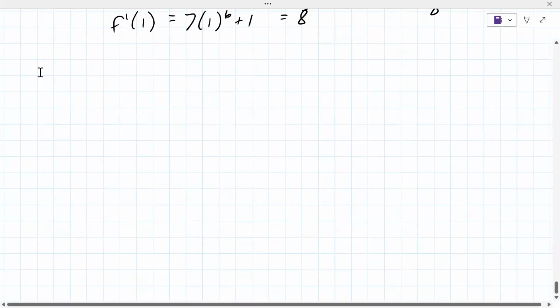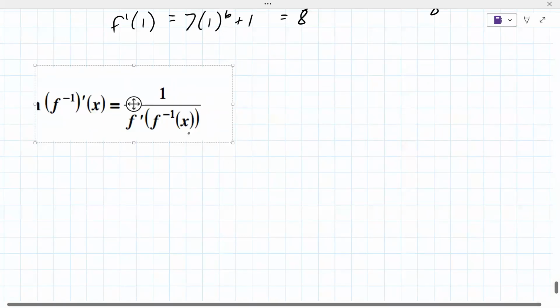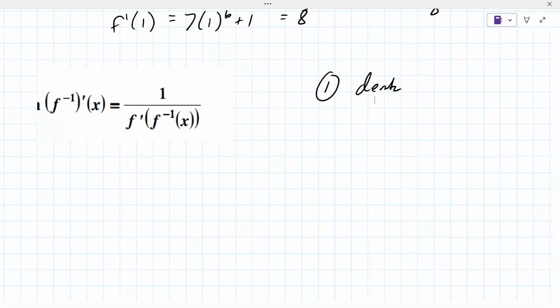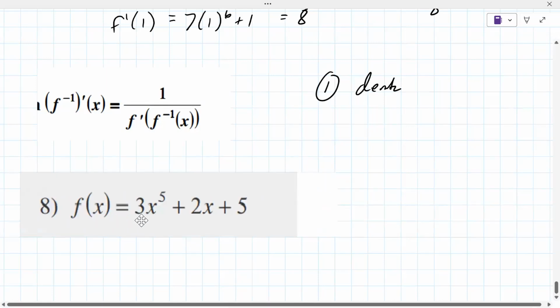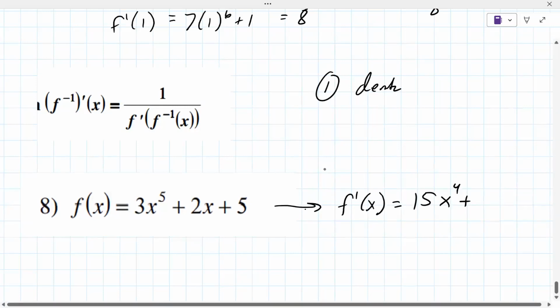What most students remember is that they have to, one, take a derivative. Okay, so let me give you another problem here. And by the way, you can't find the inverse by hand on most of these, so you have to use this method. So first thing you have to do is take a derivative. What's the derivative of this one? 15x to the fourth plus 2.